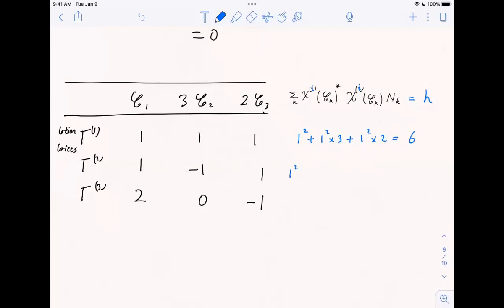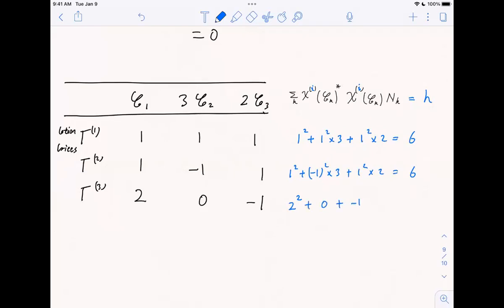Similarly, 1 square plus negative 1 square times 3, 1 square times 2, you get 6. And this one is 2 square, 2 square times 1, then you have 0.